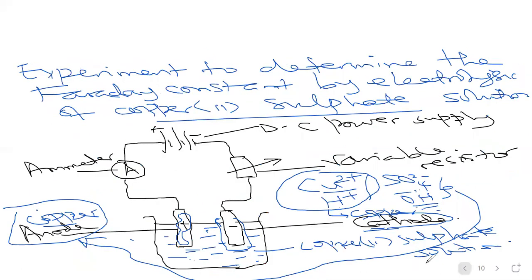We are going to remove the cathode and anode at the end of the experiment, wash them with propanol, an organic solvent, and after washing them with propanol, dry them and then weigh each again separately.